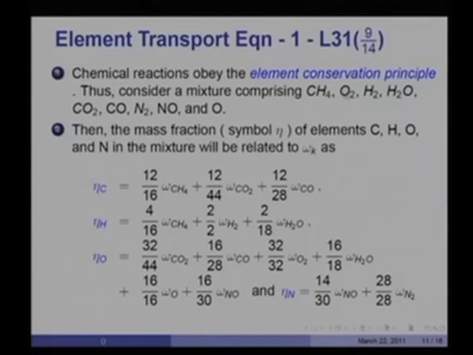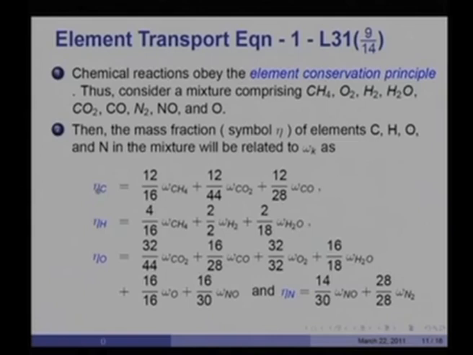O is to be found in oxygen, in water vapor, in carbon dioxide, carbon monoxide, nitric oxide and elemental O. Then you will see this would be the case: 32 times omega O2, 32 by 44 into omega CO2, and so on. So, in other words, element fractions can be formed from the species fractions. Finally, eta N, which is the nitrogen element fraction, would be 14 by 30 in nitric oxide and 28 by 28 in nitrogen itself.